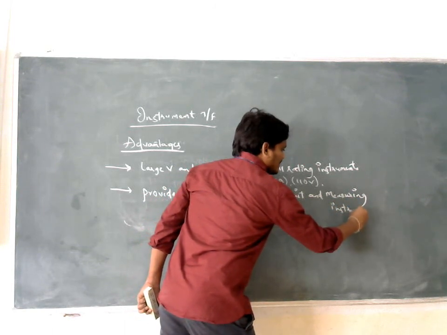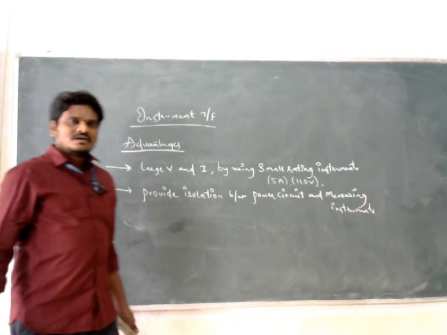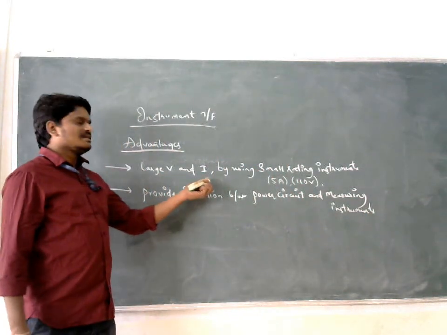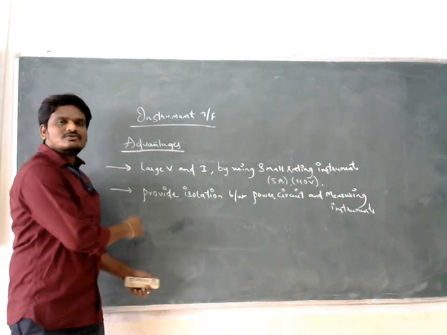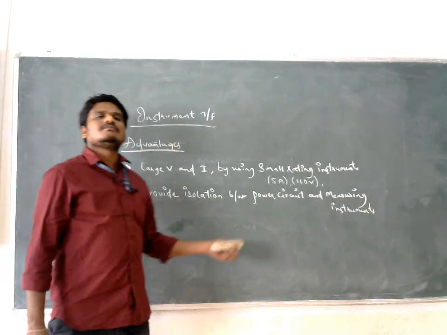This is the second major advantage of an instrument transformer. Not only measuring the large voltages and currents, it can also be used to provide isolation between the power circuit and also the measuring instruments.